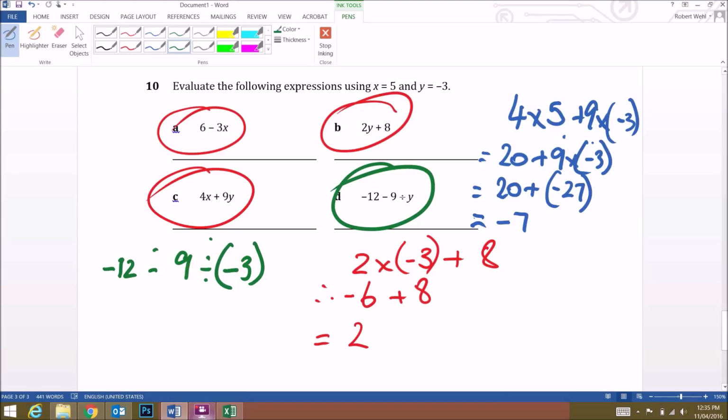So 3 goes into 9 3 times, and there's 1 of each, so it's a negative. Then I have negative 12, take away negative 3. If I take negative 3 away from negative 12, I'm left with negative 9 as my answer.